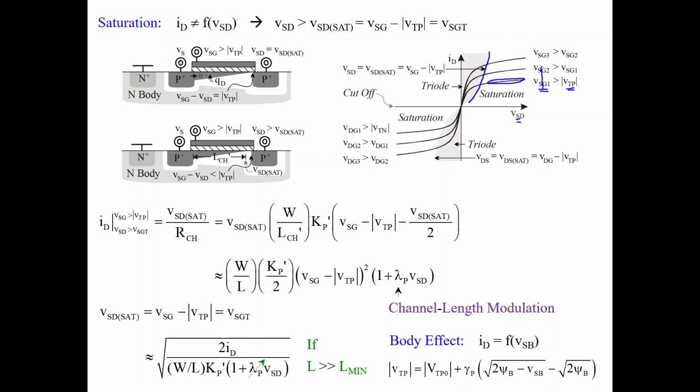If we increase that source gate voltage, we get a higher current. When that source drain voltage decreases below the saturation level, we enter triode, and that's when the current becomes sensitive to source drain voltage. And if source drain voltage goes to zero, the voltage across the channel is zero, there's no current flow.